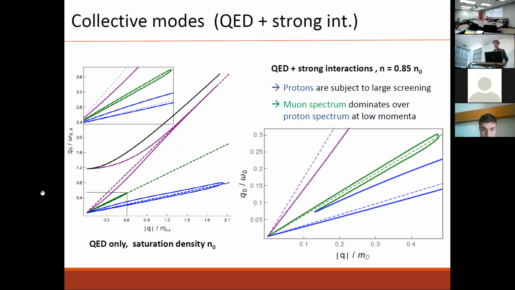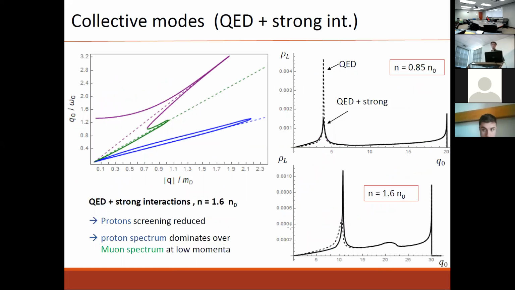That means that the muon spectrum becomes more and more relevant over the proton spectrum. This is something that you can see in the excitation spectrum, because here you see that the protons don't have a completely independent response anymore for sufficiently low densities. You only have the response of the muons. Now I can turn the game around and ask for the case where I'm at higher densities.